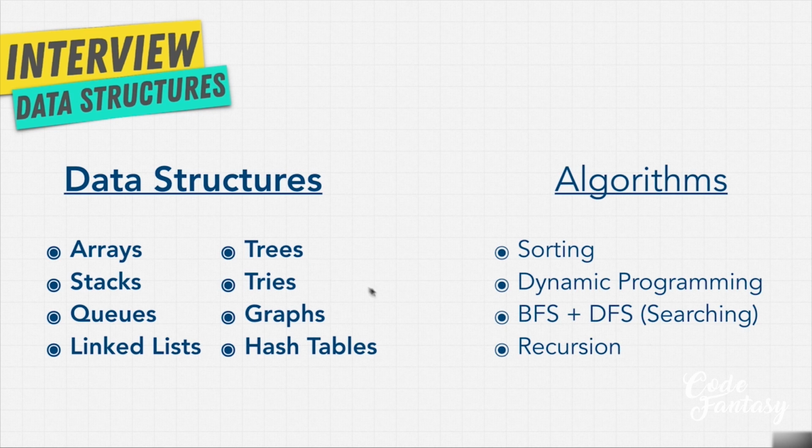Recursion, well, that comes up a lot in trees as well. So now that we have our fundamentals for data structures, we're now ready to talk about these algorithms that come up a lot in interviews. Because we now understand how data structures work, we're able to talk about algorithms intelligently and understand them at a fundamental level. I'll see you in the algorithm section.